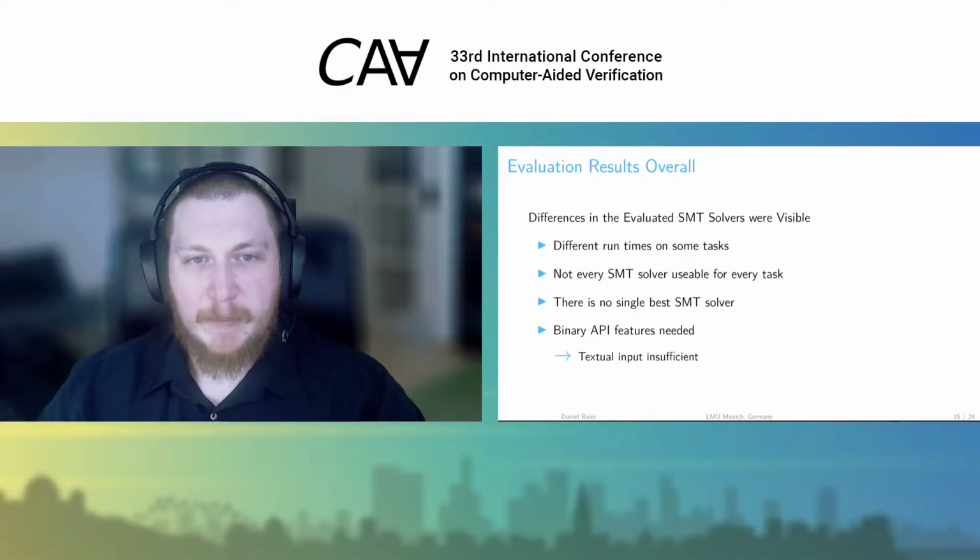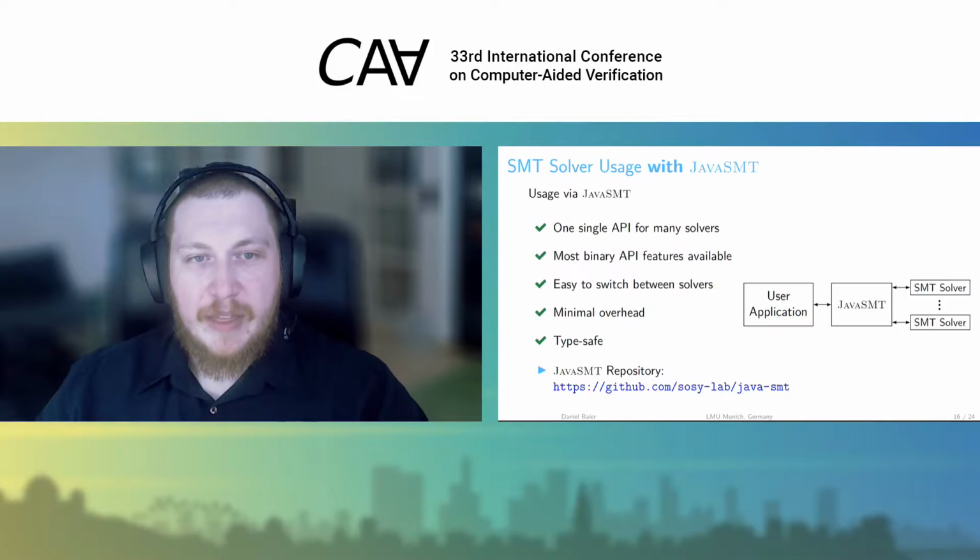And importantly, there is no one single fastest solver observable on a per-task basis, and the choice of which solver to use per task was not answerable before actually solving the task. Now that we have established the need for a unified API that offers multiple SMT solvers that include binary API features, let's take a look at what JavaSMT offers.